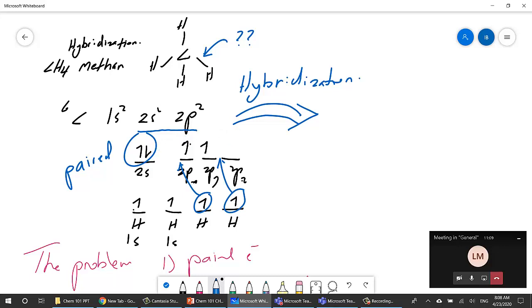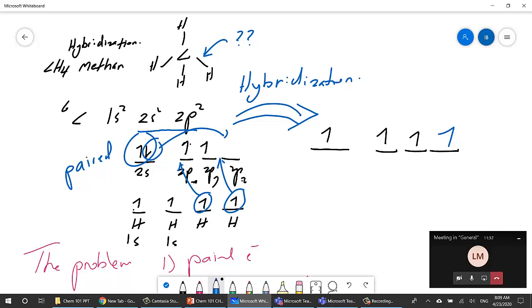This one will lead you to the 2s and the 2p. Now the 2s has 1 electron, and this one has 1, and this one has 1. And this electron here will fly there, so it's going to be like that.